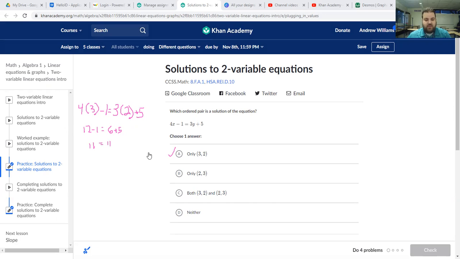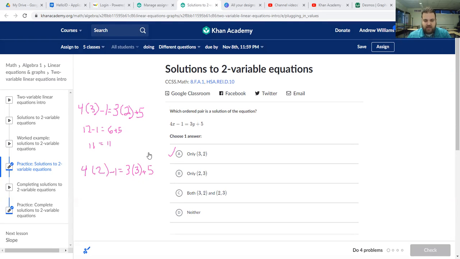Let's test out B, see if that works too. 4 times 2 minus 1 equals 3 times 3 plus 5. A very common mistake that I would see with students here is accidentally substituting the X and the Y in the wrong spots.